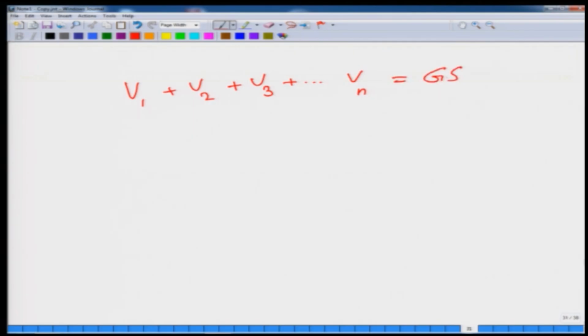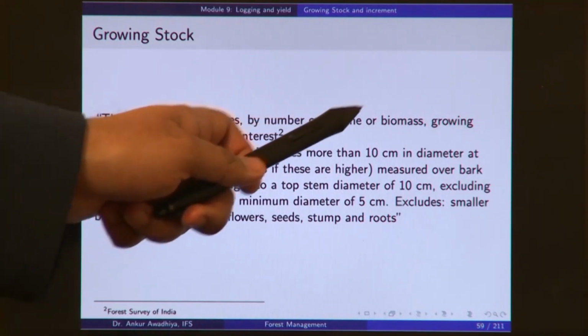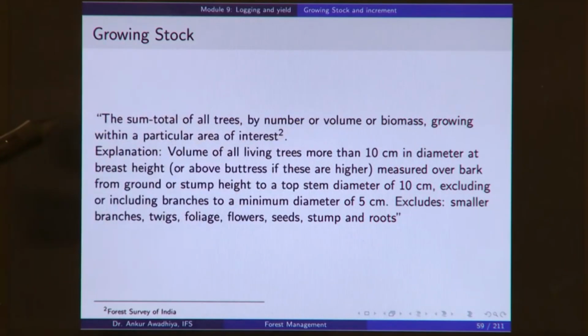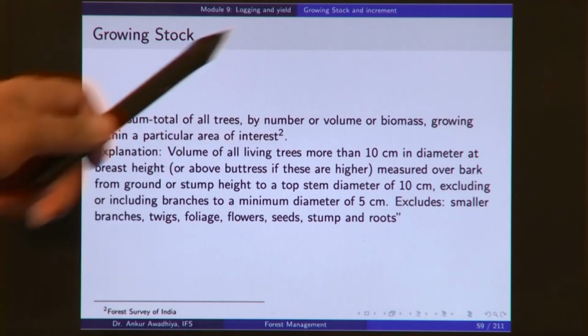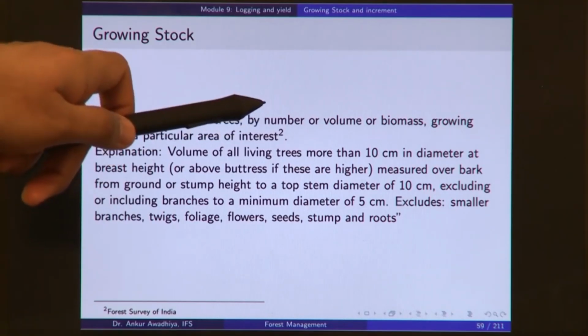Another definition is the sum total of all the trees by number or volume or biomass growing within a particular area of interest. So, it is a sum total of all the trees growing within a particular area of interest, that is typically a forest stand, and this sum total is in terms of number.